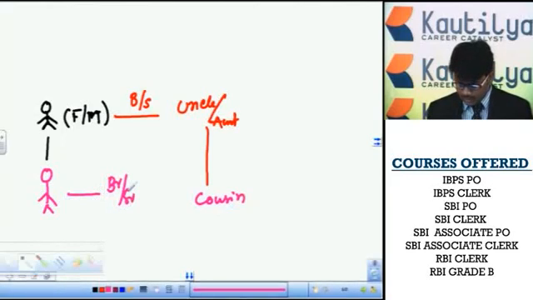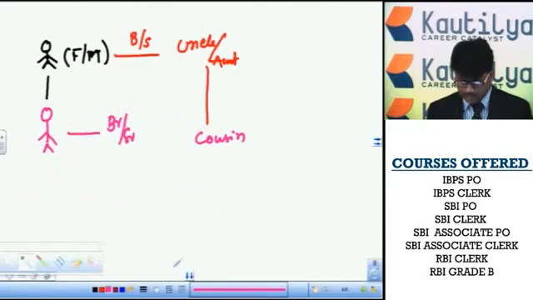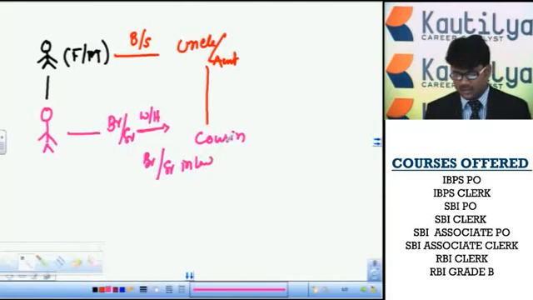Our brother or sister has a wife or husband, who is called brother-in-law or sister-in-law. These all persons are in the same generation. Our brother or sister, brother-in-law or sister-in-law or cousin are in our same generation, and father, mother, uncle or aunt are in our earlier generations.